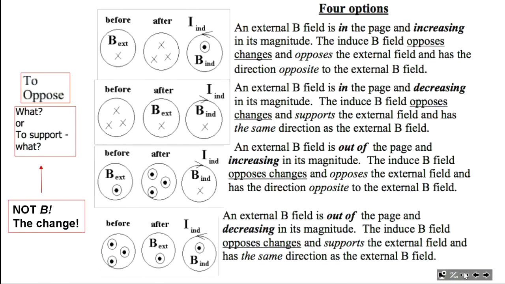And now, of course, this is the slide we saw before. I just want to mention that we also can read it backwards. Sometimes we may know already how the induced magnetic field points, and we should make a statement how it's been done. In that case, we just have to read those situations backwards.